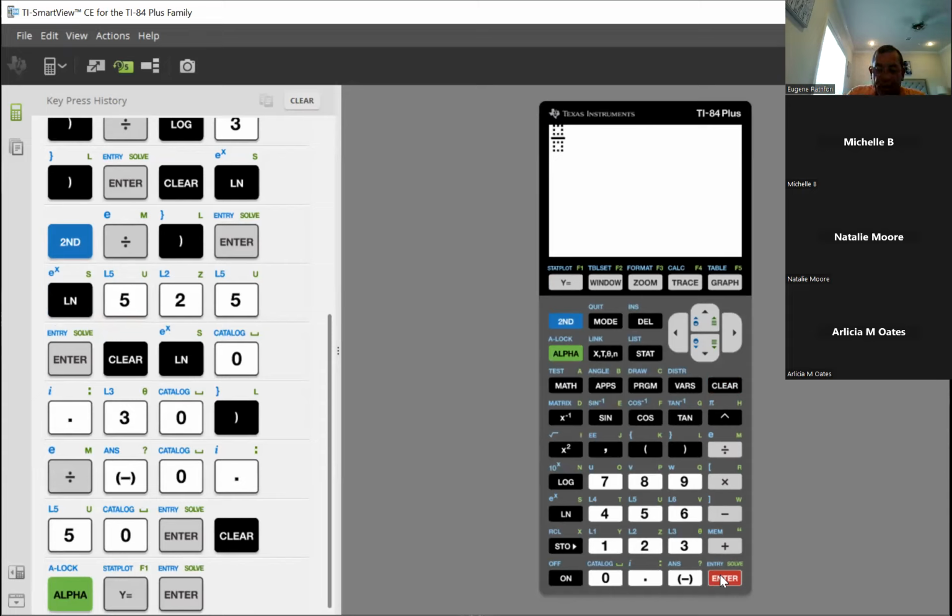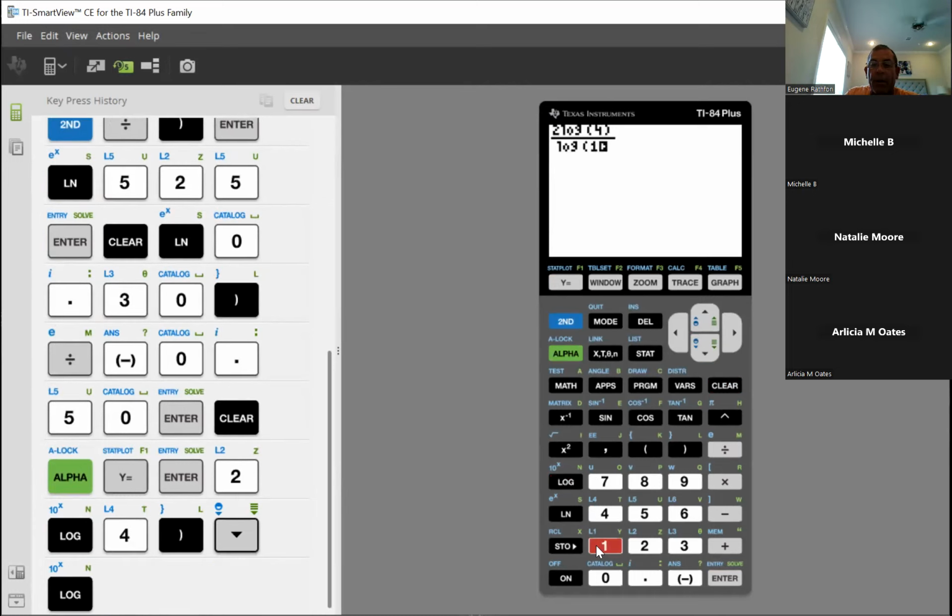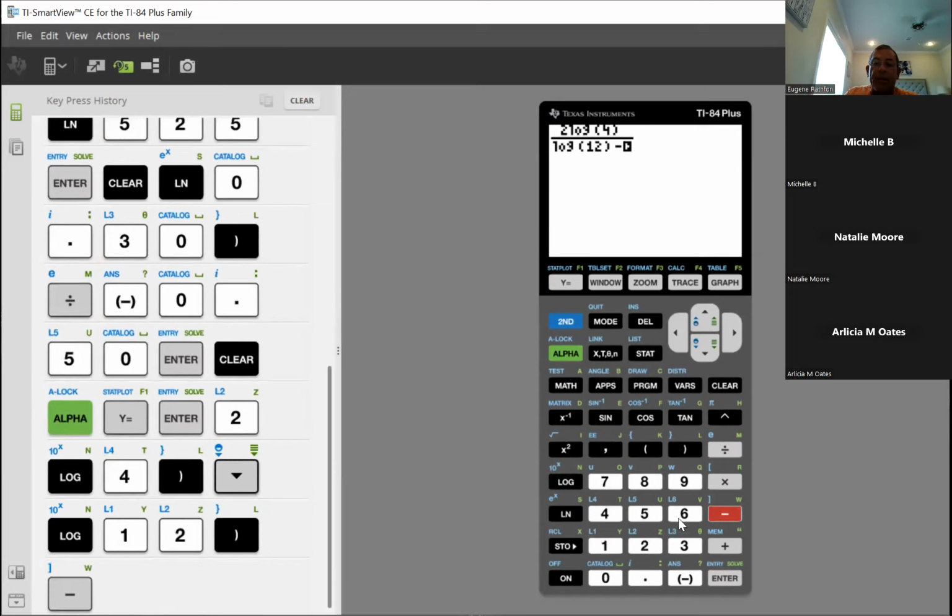On top, we had a 2 and then a log 4, close parentheses. On the bottom, we had a log 12. So you want to hit log 12, close those parentheses, and then minus the log 4, and then close those parentheses.